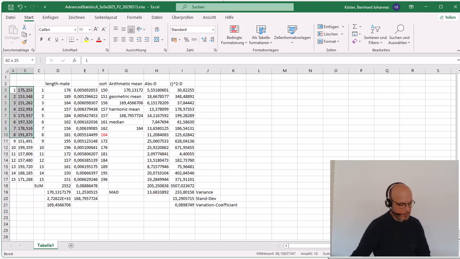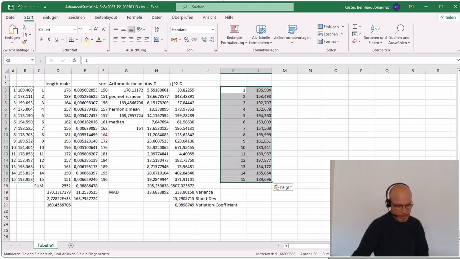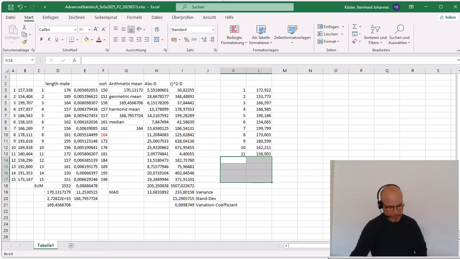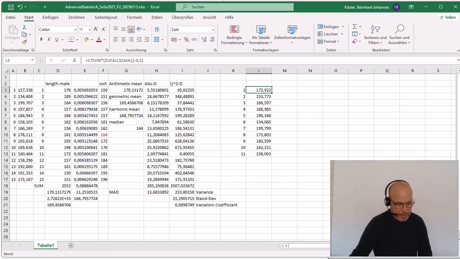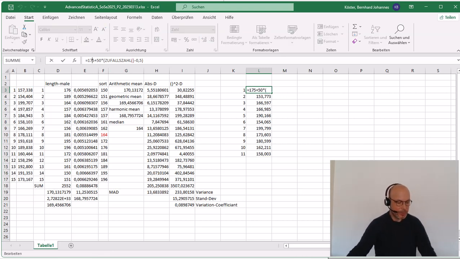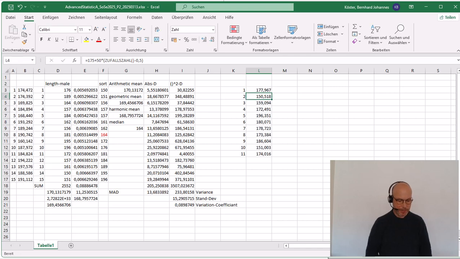So then let's copy this here. Then we want only 11. And now it should fluctuate around 165 and plus minus 20 centimeters means then just reducing our 50 to 40.